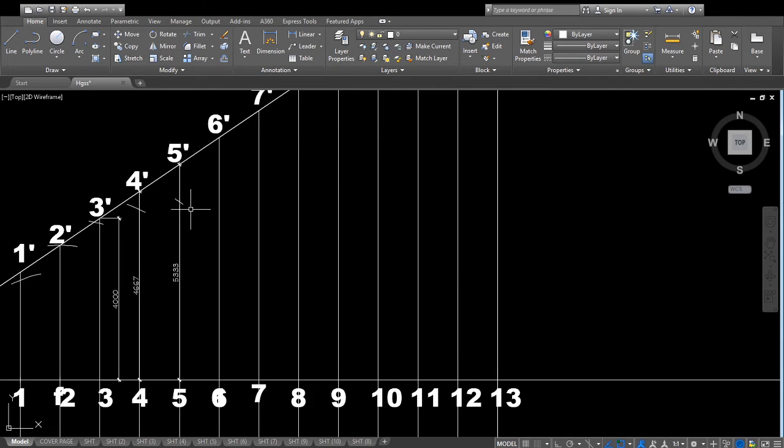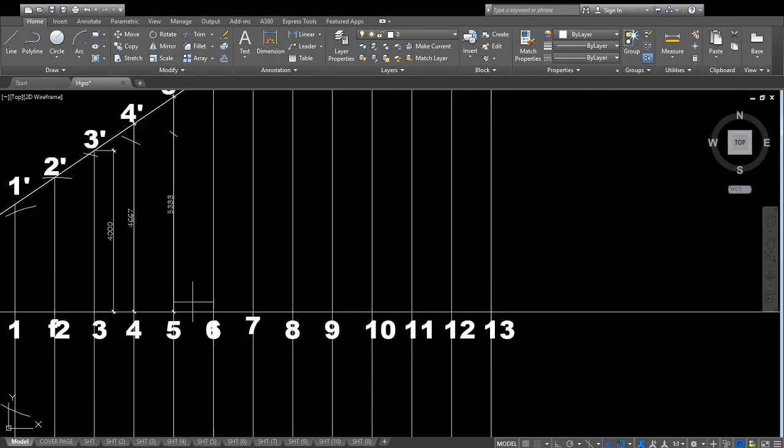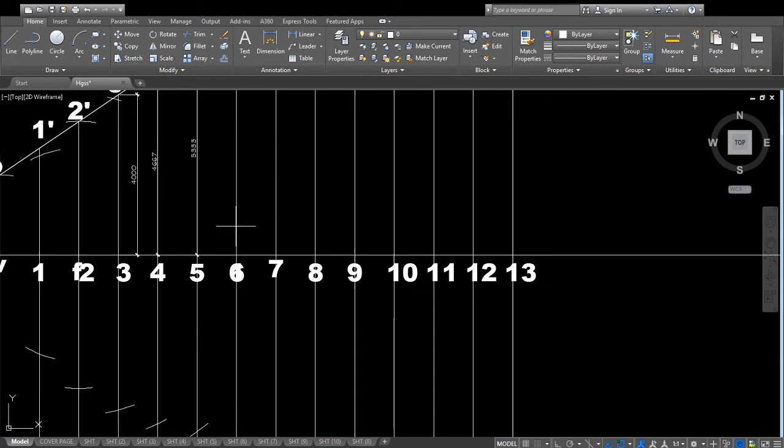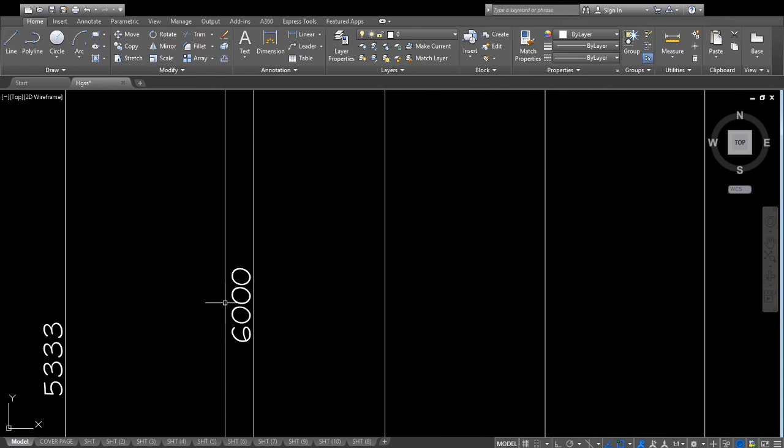And then the next one is 6. Let's check our measurement. 6 prime, 6,000.